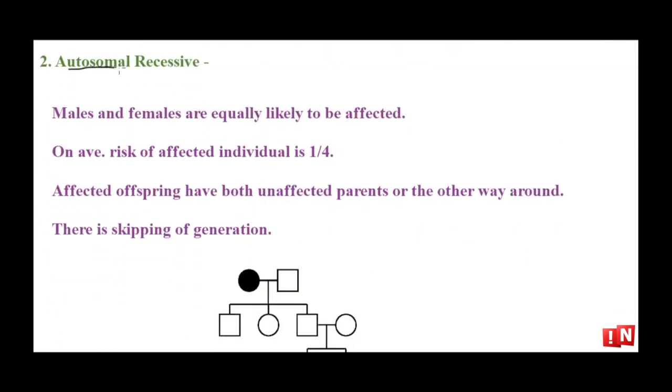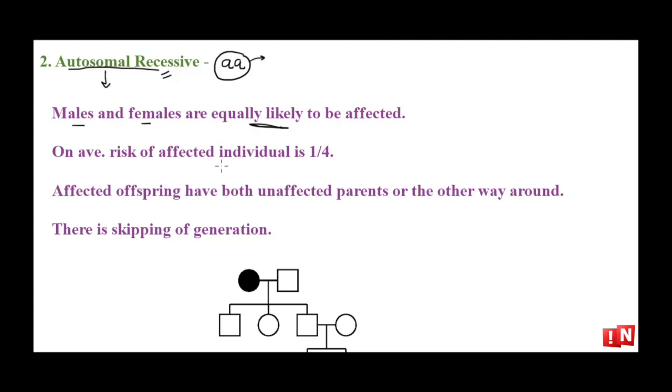autosomal recessive, right? Now autosomal recessive means the genes are present on autosome and it has to be in homozygous recessive condition, of course, to show the disease. There have to be two alleles for that particular disease. Again, this is autosomal, so male or female, doesn't matter, they are equally likely to be affected because autosomes are uniformly distributed whether it is male or female.